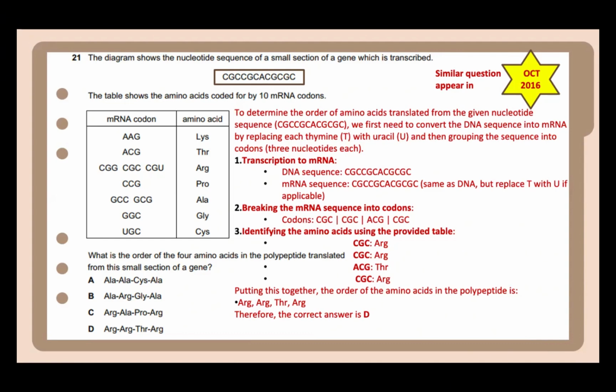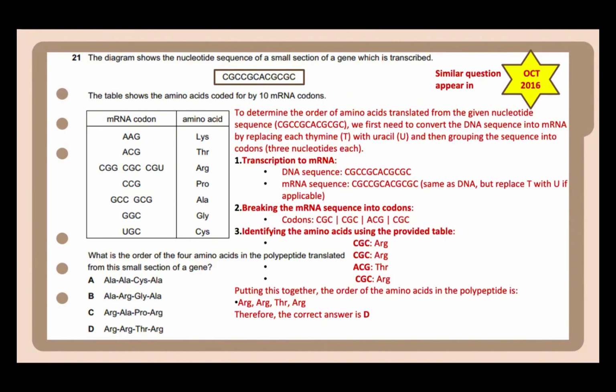First, transcription to mRNA. DNA sequence CGCCGCACGCGC. mRNA sequence is the same as DNA, but replace T with U if applicable. Step 2, breaking the mRNA sequence into codons: CGC, CGC, ACG, and CGC.